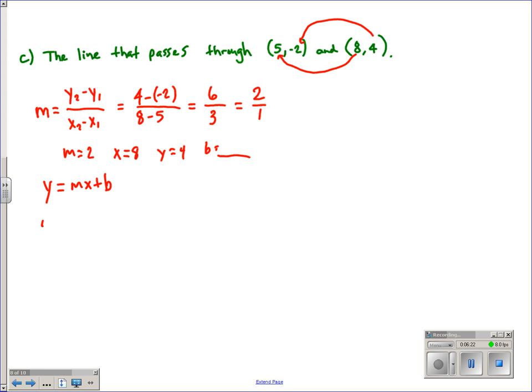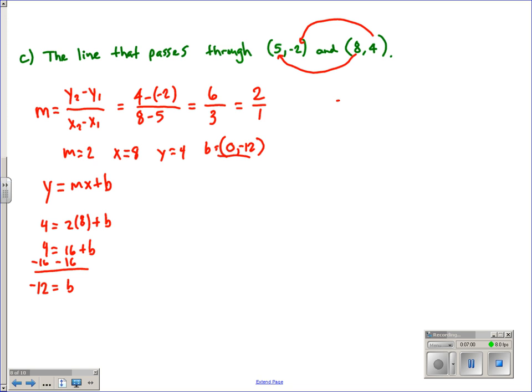So 4 equals our slope 2, times x, which is 8, plus b, because we don't know what it is. So 4 equals 16 plus b. Let's subtract 16 from each side, and we end up with negative 12 equals b. So our y-intercept should be the point 0, negative 12.